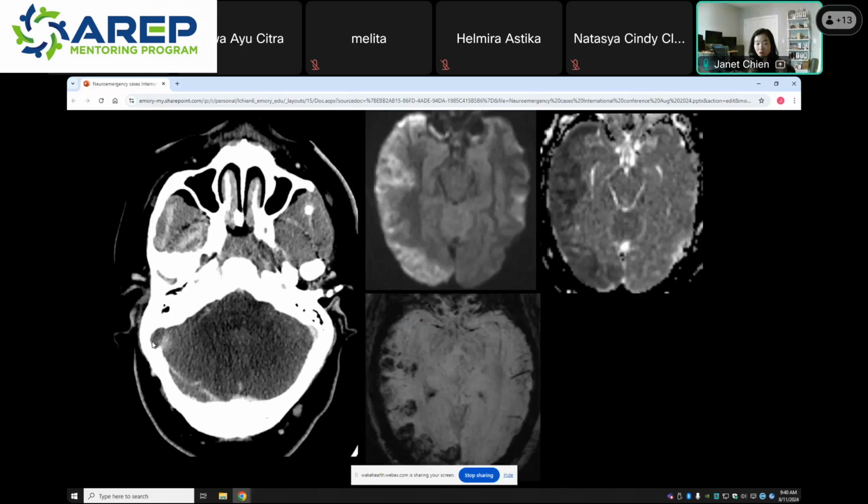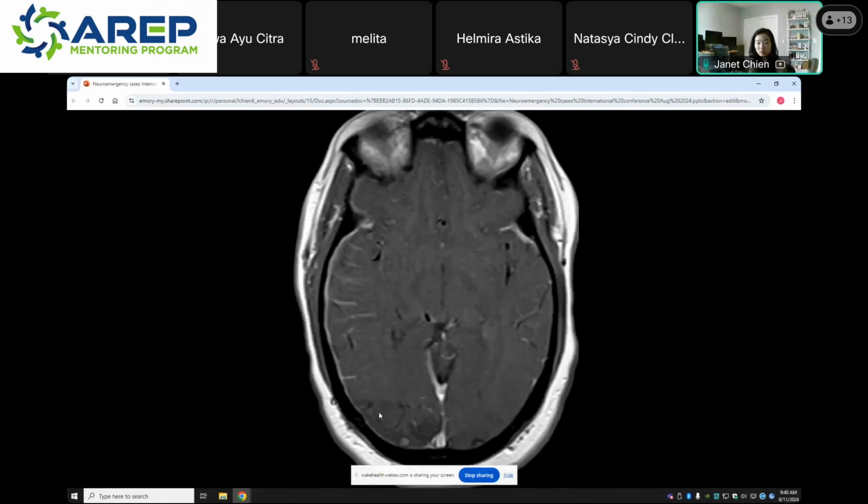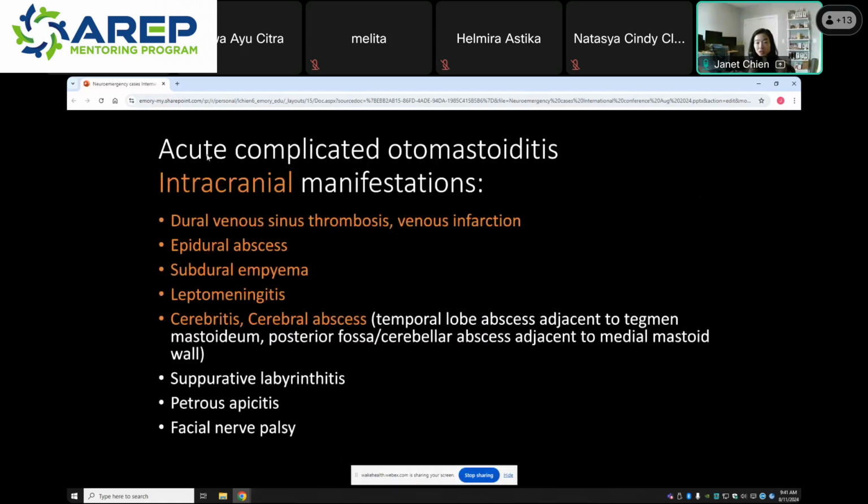So this is all complications from her complicated otomastoiditis. And this is T1 post contrast. You can see abnormal pachymeningeal and leptomeningeal enhancement, compatible with that infectious meningitis. So this is acute complicated otomastoiditis.